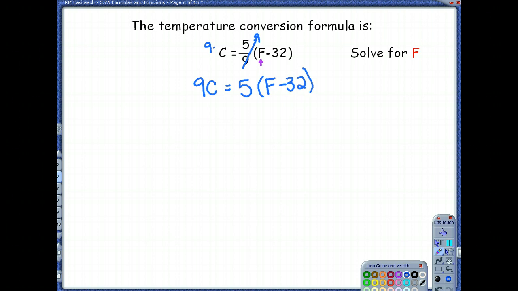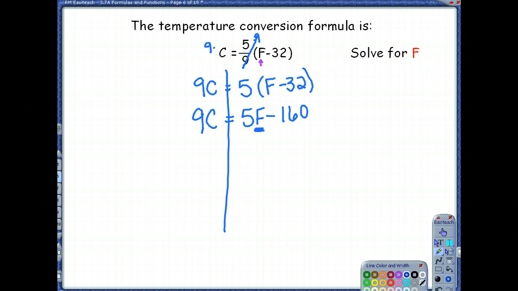Now, notice on this one, I still have some parentheses. So I can go ahead and actually distribute that 5 times each piece on this right-hand side of the equation. So I've got a 9c is equal to a 5f minus 160. Now, from here, I want to try to get this f all the way by itself.